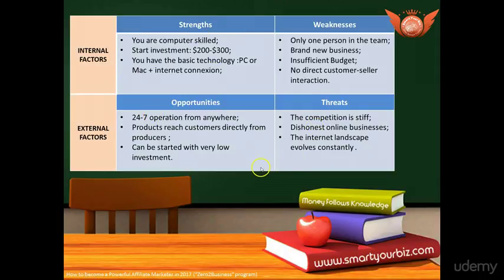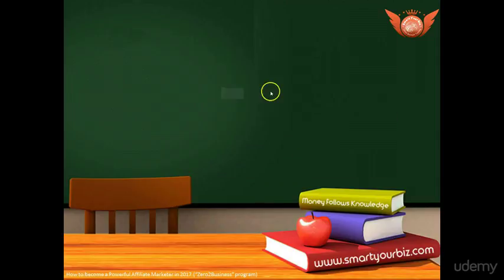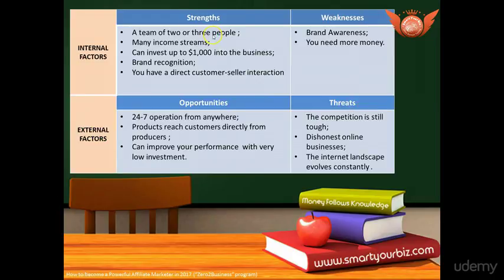Now, if you have 1 or 2 years in the market, you can see that your weaknesses have become your strength, okay? I mean, if you work hard enough for that. And your SWOT analysis could now look like this one. With a team of 2 or 3 people, or at least now you are able to hire qualified people to work for you, okay? If you don't have time, for example.